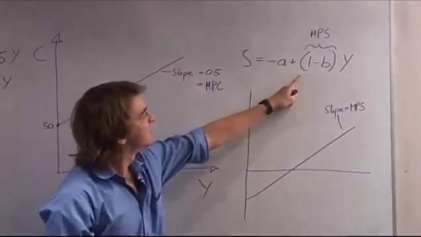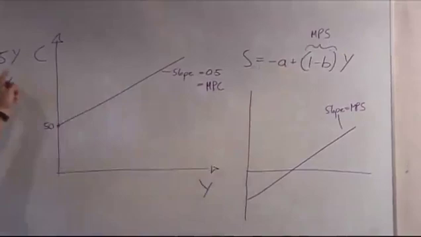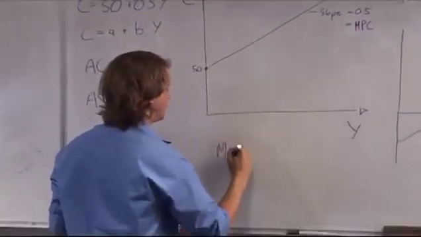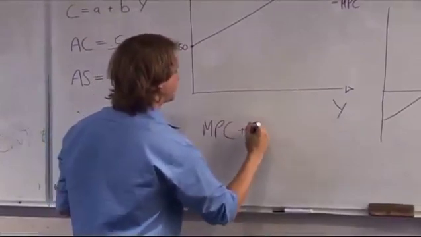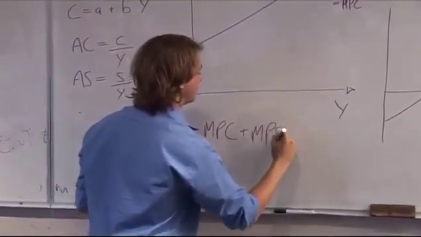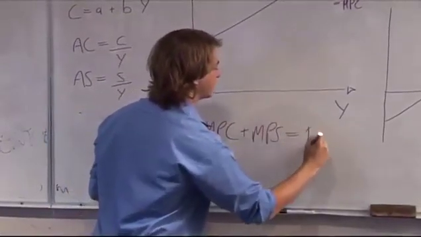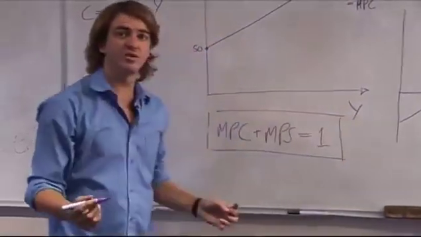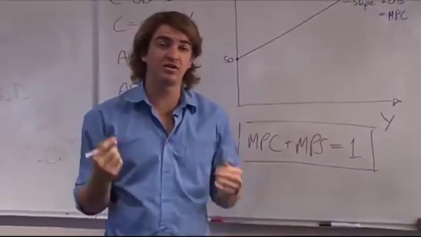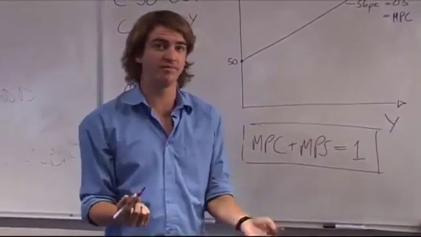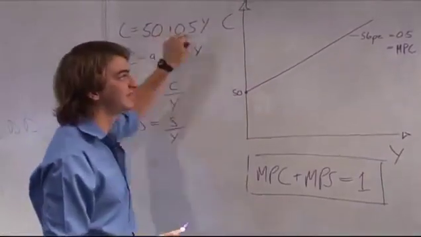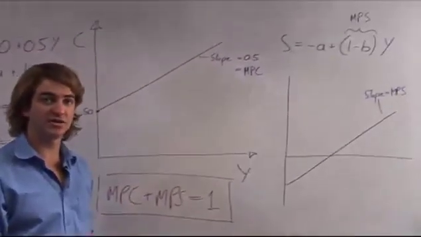Notice that this value is 1 minus B, and that value is B. So the marginal propensity to consume plus the marginal propensity to save must be equal to 1. That makes sense. If you increase your income by 1 unit, and you can either consume your income or save your income, you're going to, in this case, consume 0.5 and save 0.5 as well.